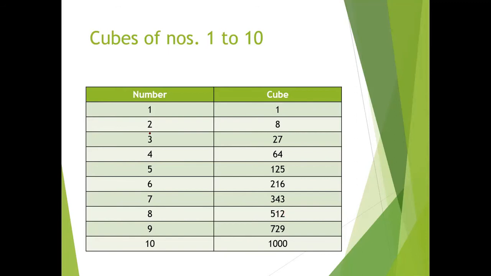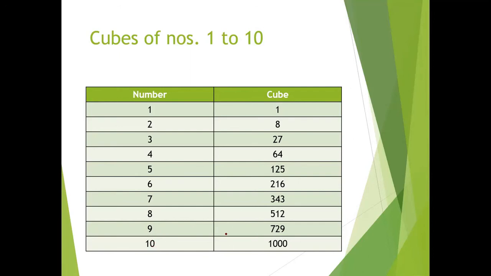The cube of 3 ends with 7 and the cube of 7 ends with 3, and all the other numbers end with the same digit. 1 cube ends with 1, 4 cube ends with 4, 5 cube ends with 5, 6 cube ends with 6, 9 cube ends with 9, and 10 cube ends with 0.